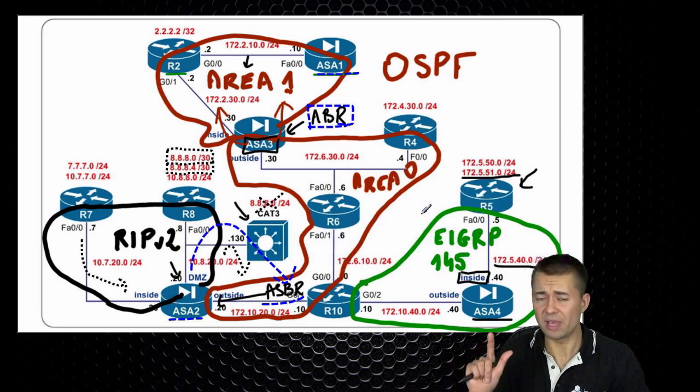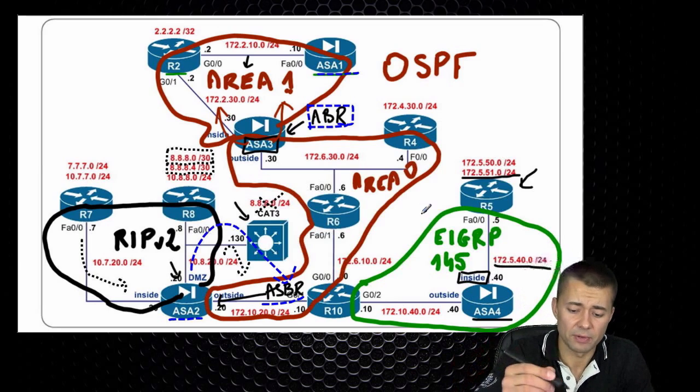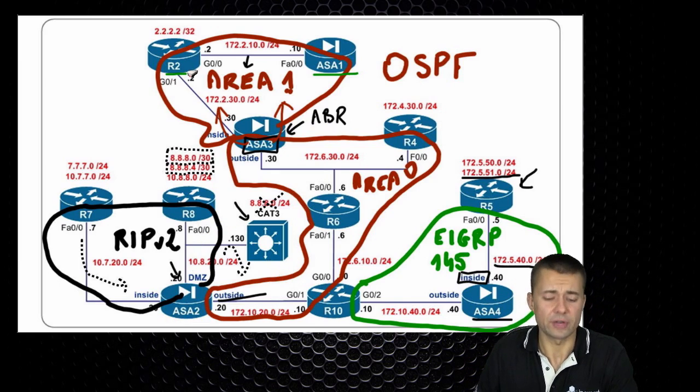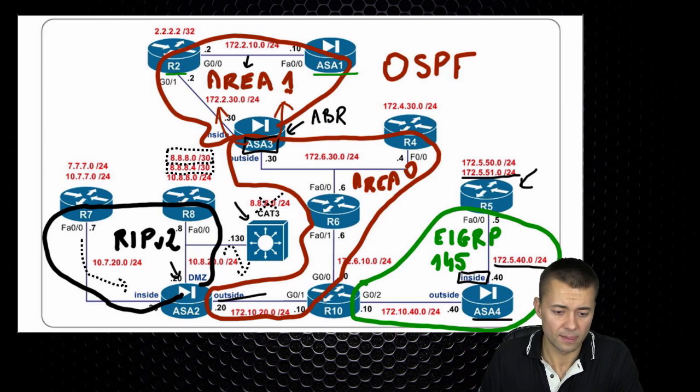But you can have 2 OSPF instances running on the ASA. So instead of configuring the network by using 2 areas, area 1 and area 0, we will now modify this configuration.